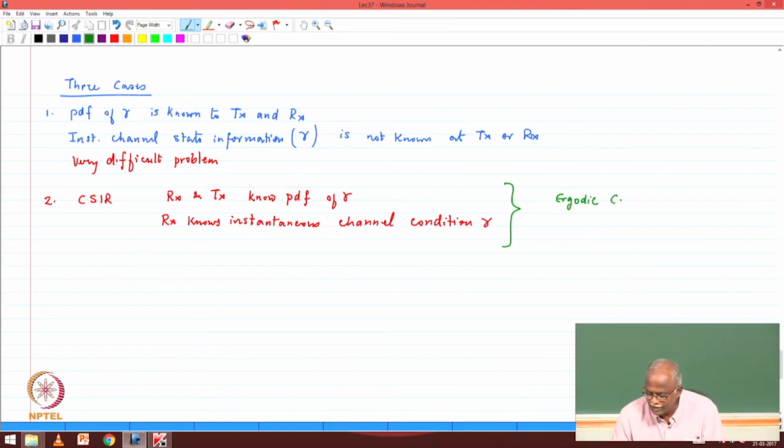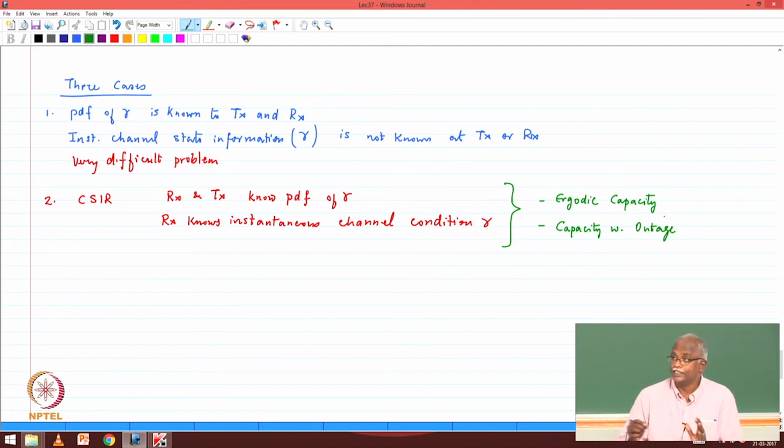So ergodic capacity becomes an interesting problem once you have a measurement of the instantaneous SNR. The second, probably the more practical result, comes from what is called capacity with outage. It's a very, very interesting concept. This is something that is at the heart of trying to design practical systems and trying to get the best out of the wireless channel.